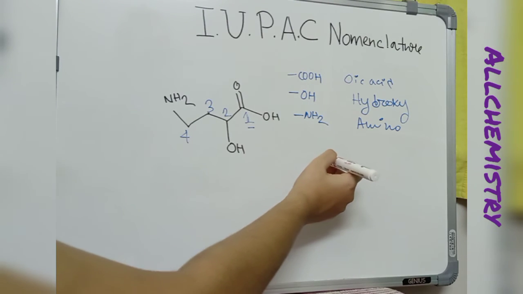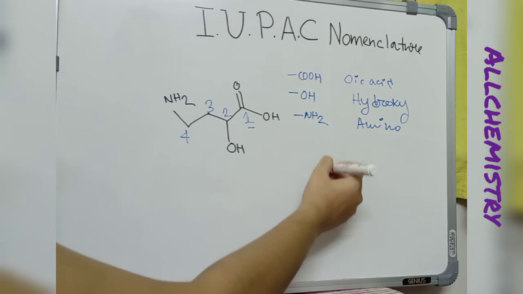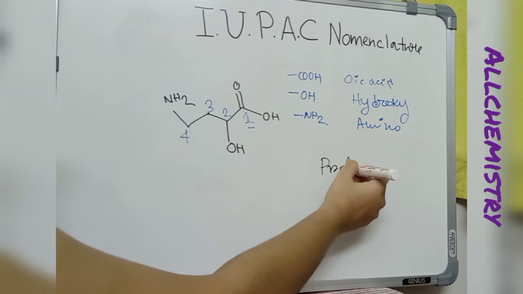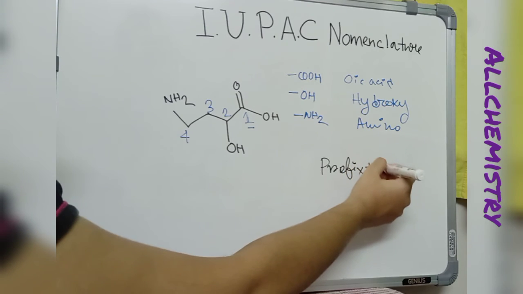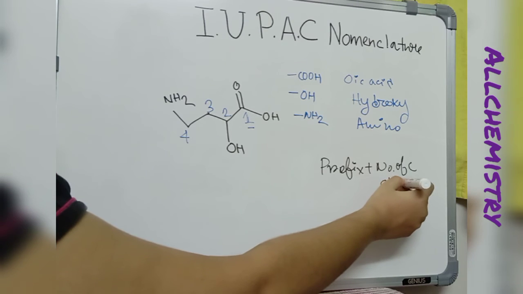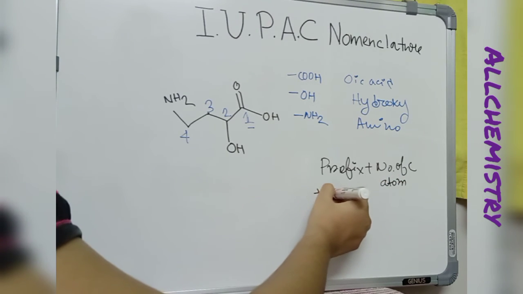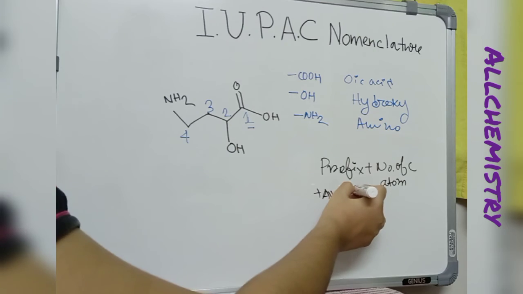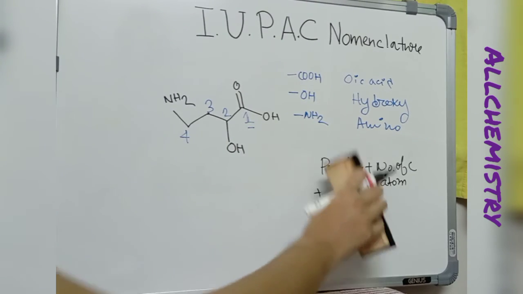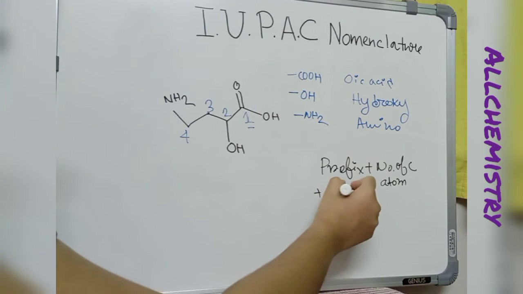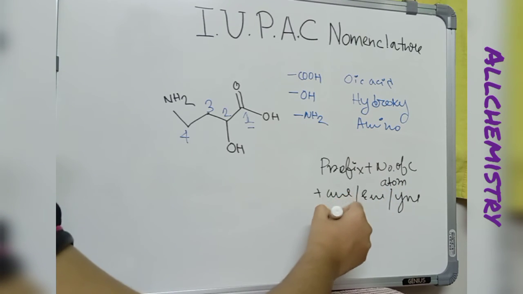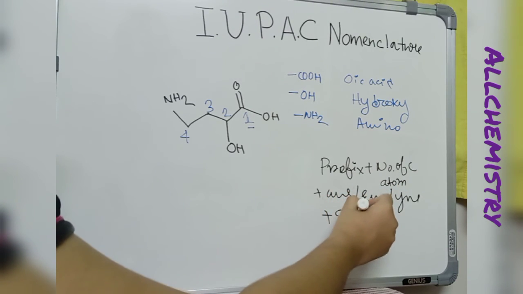Our general rule is I have to write the prefix of the group with numbering first. Then I have to write the number of carbon atoms in terms of meth, eth, prop. Then I have to add the alkane part: an, en or yne according to the single, double and triple bond. Then I have to add the suffix of the main group.